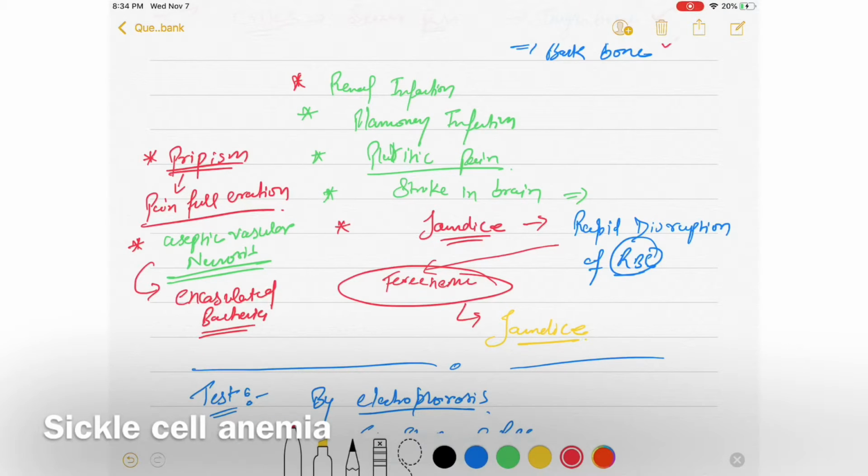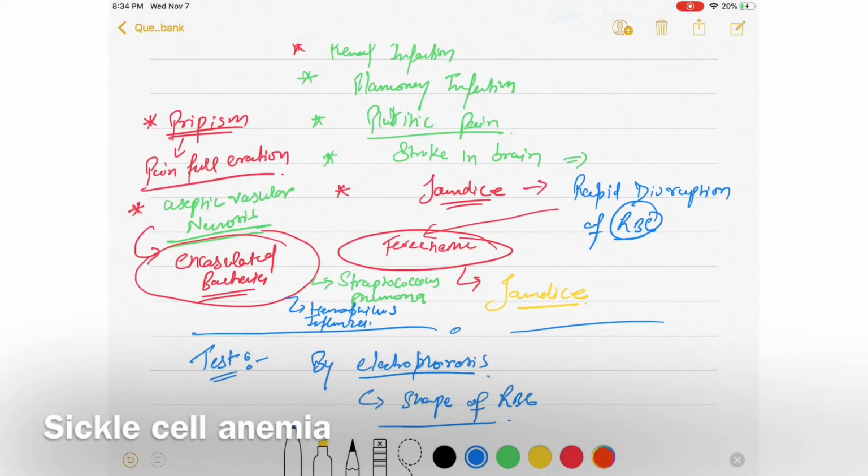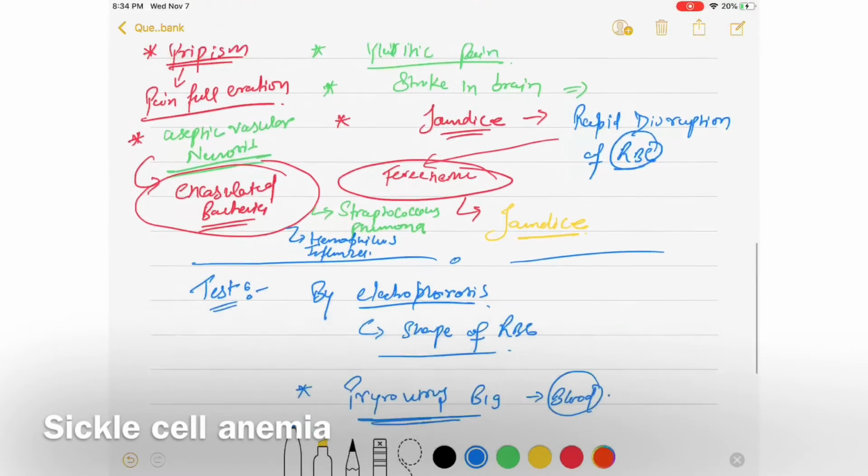Do you remember the names of encapsulated bacteria? Think. The encapsulated bacteria are Streptococcus pneumoniae and Haemophilus influenzae. These are also symptoms, the causes in sickle cell anemia, what happens with our body.